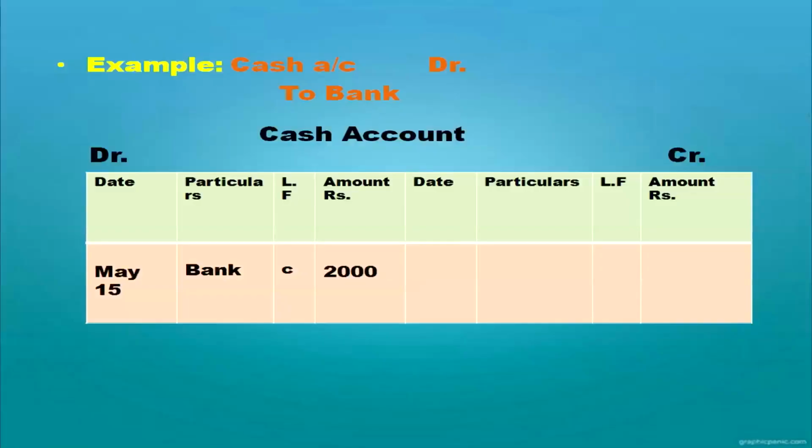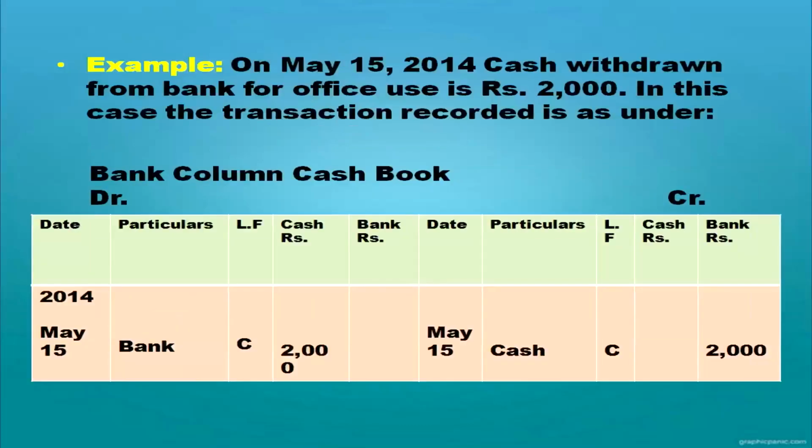You have to think that in the cash account you will post the amount of the cash column. So, when you are opening the cash book with bank column, it will be posted on the debit side 'To bank' and the amount will come in the cash column.